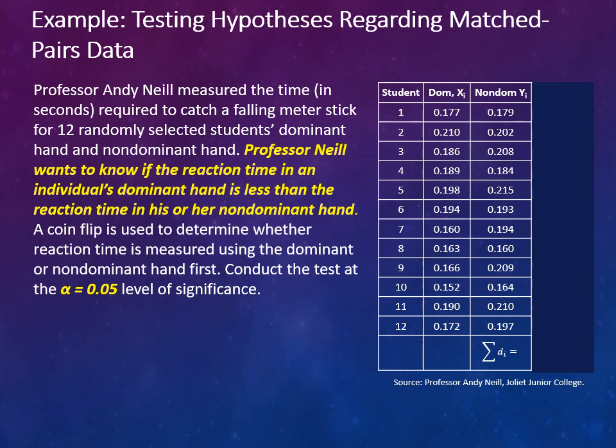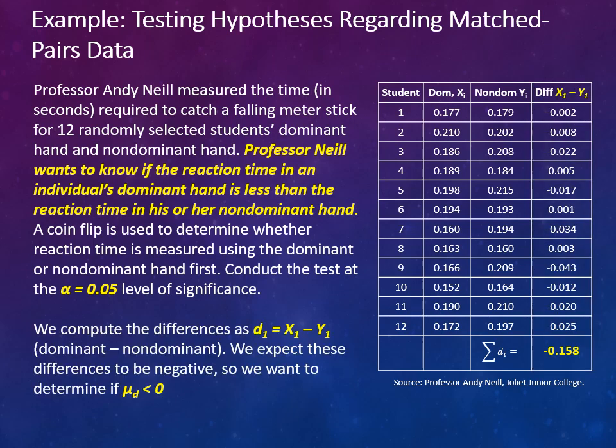So thinking through what might be some other things that impact the data before you even start can be very helpful. So here they made it double random by flipping a coin to determine if you're going to use your dominant or non-dominant hand when the student comes up and does the experiment. And we're going to conduct the test at the alpha equals 0.05 level of significance.